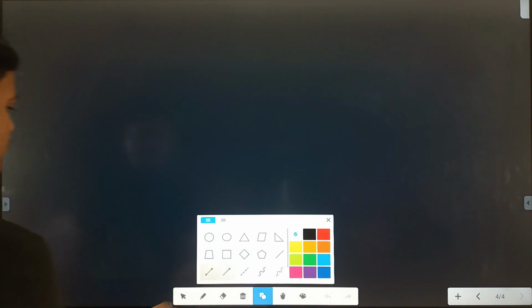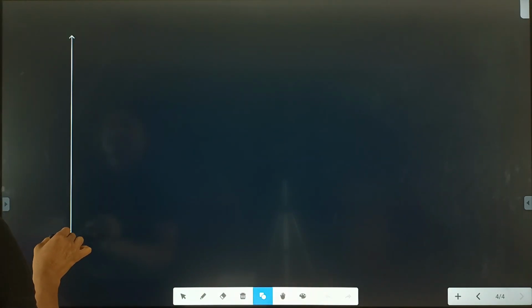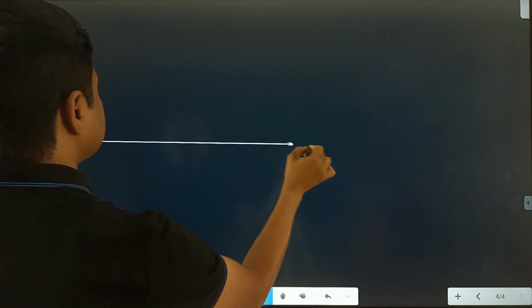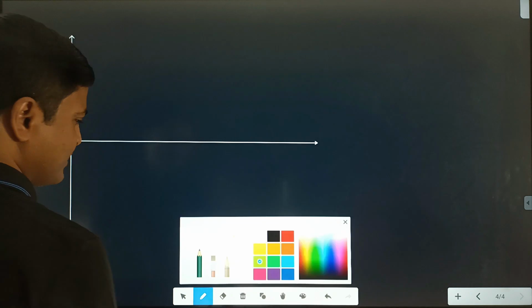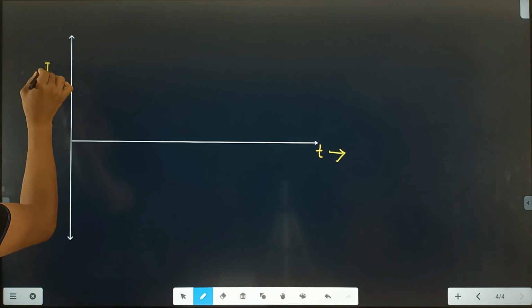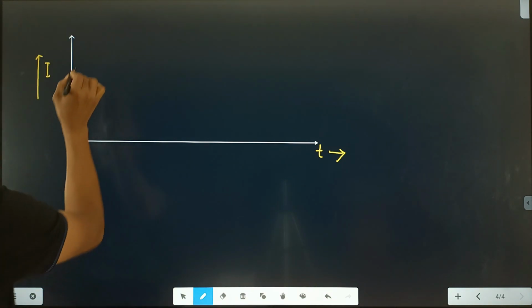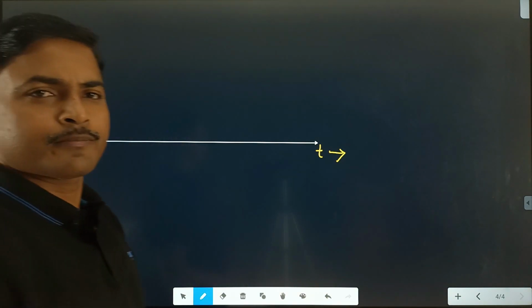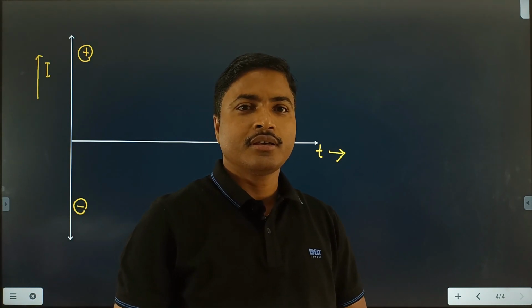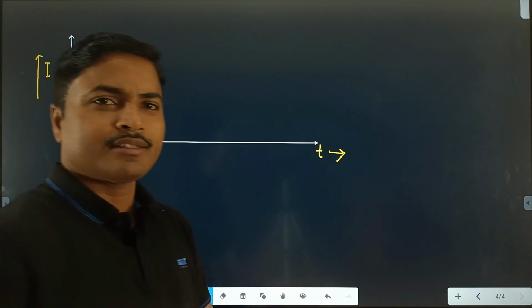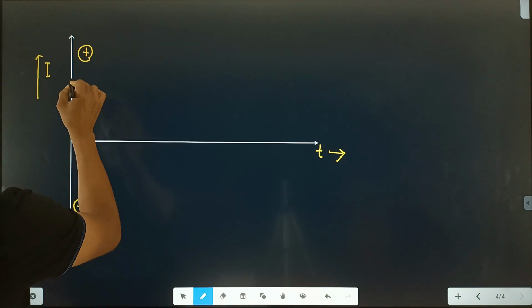Similarly, for variable direct current, we draw the graph. This is your y axis, also known as the current axis, and this is the x axis, also known as the time axis. We take time along the x axis and current along the y axis, and this side is the positive side of the current and this side is the negative side. Variable means its magnitude is not fixed, it changes with time.